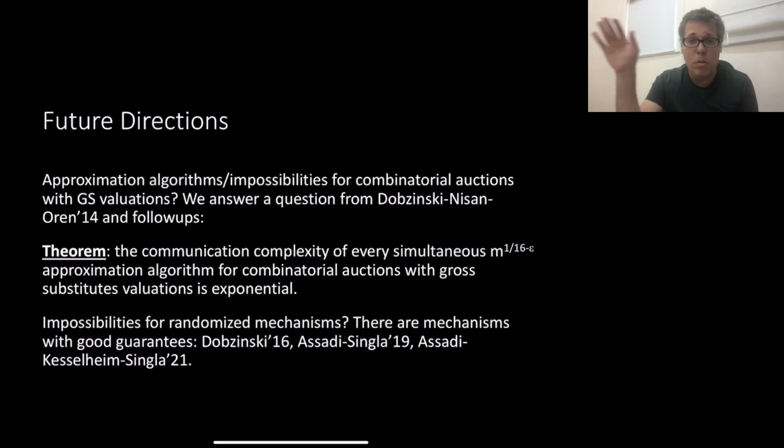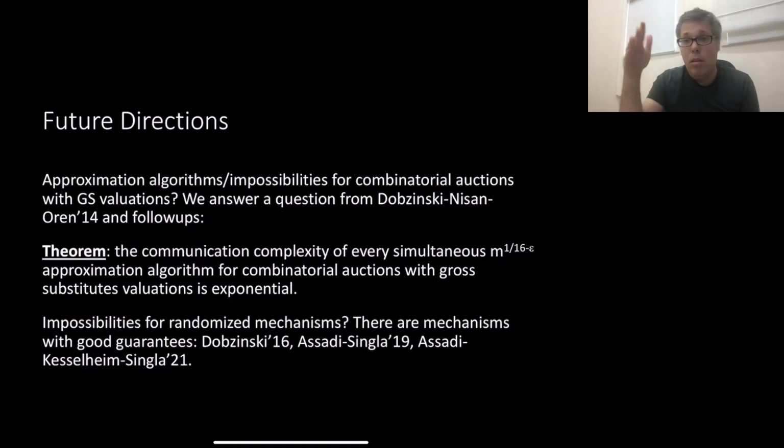We obviously don't know how to answer that, but we are able to do the first step in our inapproximability result, and we can lower bound the communication complexity of simultaneous non-incentive-compatible algorithms, and show that it's no better than m to the 1/16. And this in particular answers an open question from the paper with Noam and Sigal, and several follow-ups of it.